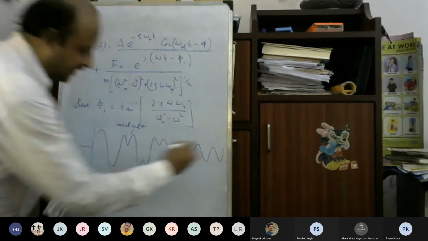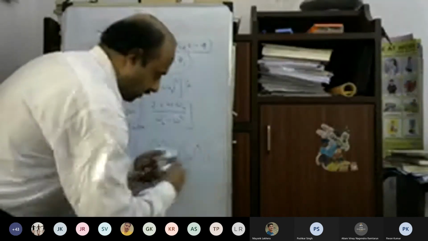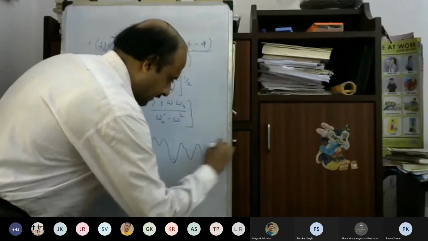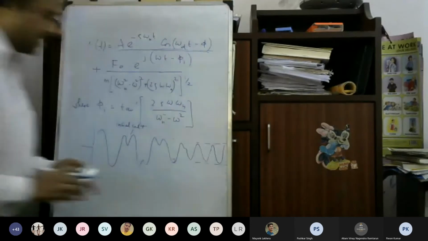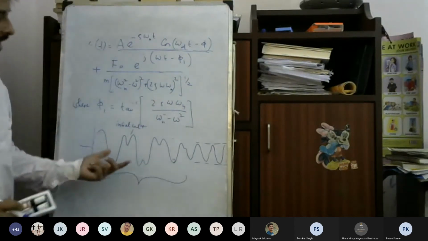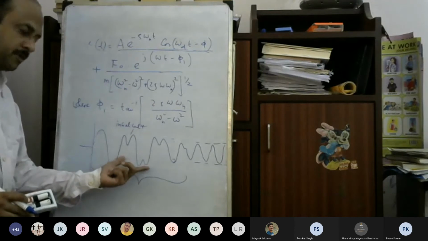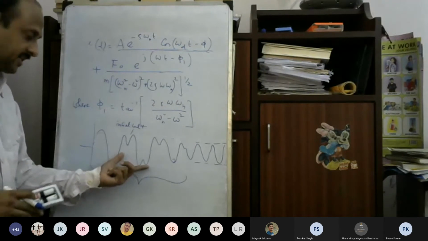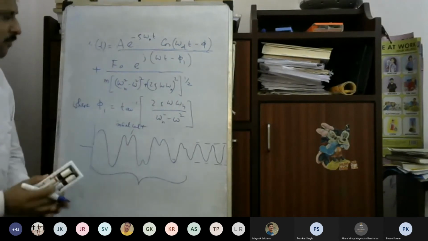This part will go on forever, that means it is undecayed. This part of the response is contributed by both forcing and the initial condition, and it will have two frequencies.